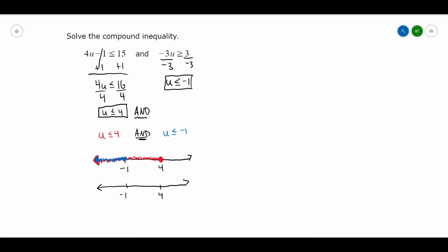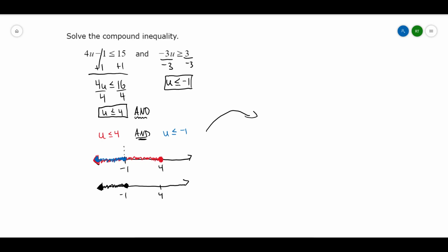And I can see that that would be this section right here. So basically from -1, and we're including it, so I put a solid dot, and we're shading to the left. This is the only section that they both have in common. So this will be my final answer for and.